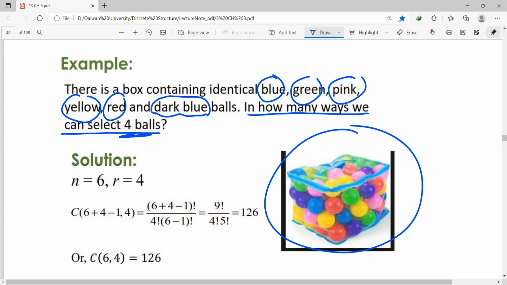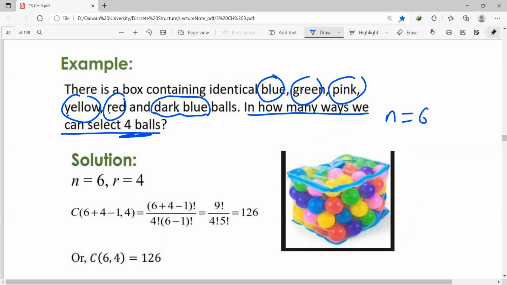Okay. Here, what's R and what is N? N is the number of colors of the balls. Here we have 1, 2, 3, 4, 5, and 6. That means N is 6. And R is the number chosen, so R is 4.